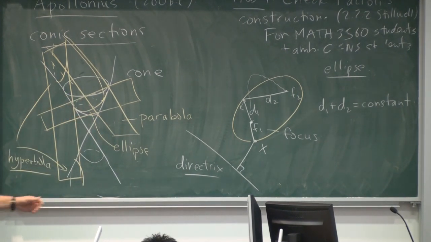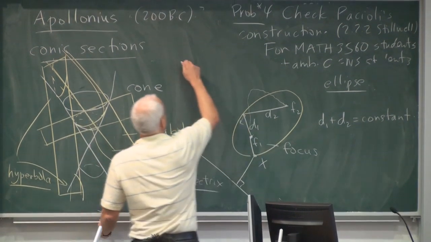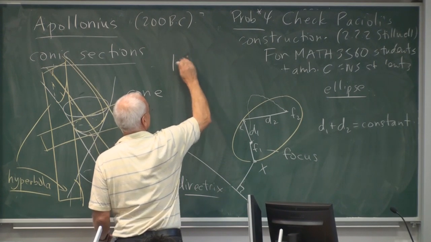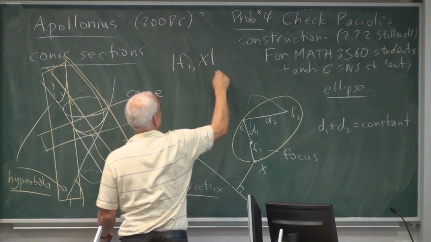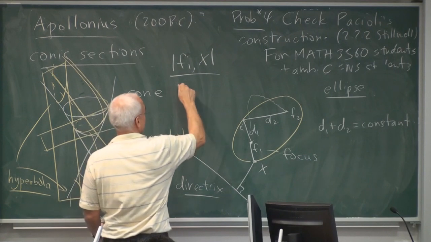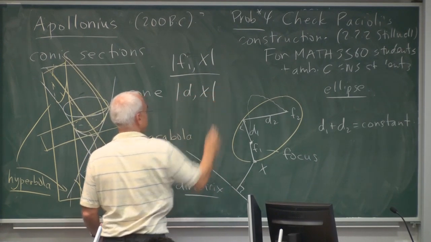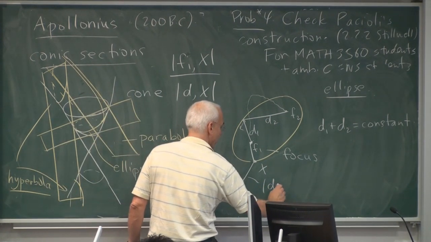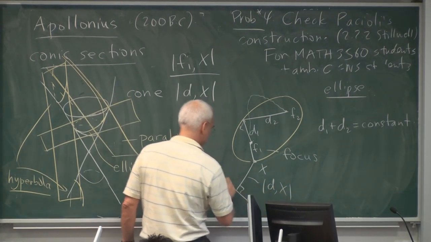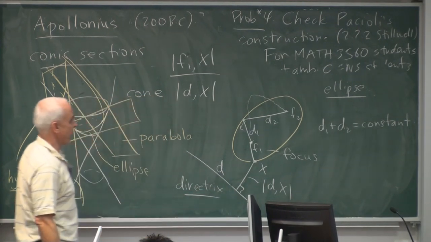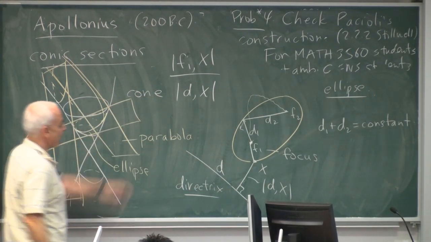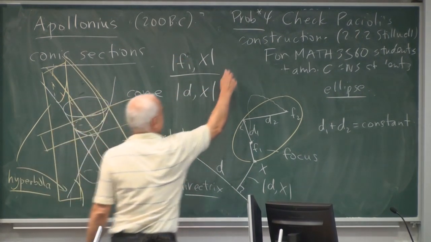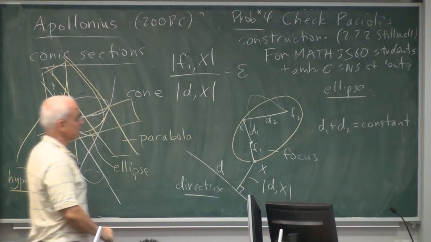So that's the distance from the F1 to x, divided by the distance from the directrix d to the point x, the perpendicular distance. And that should be some fixed number epsilon.